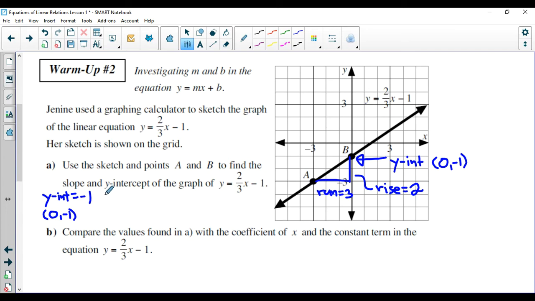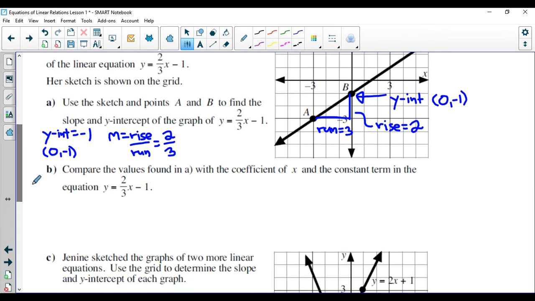If I calculate the slope, and again, we use the variable m to represent the slope, we'd have m is equal to rise over run, which would be equal to 2 over 3. So for this line, your y-intercept is -1 and your slope is 2/3, which just means for every increase in height by 2, your graph would go across by 3 units.